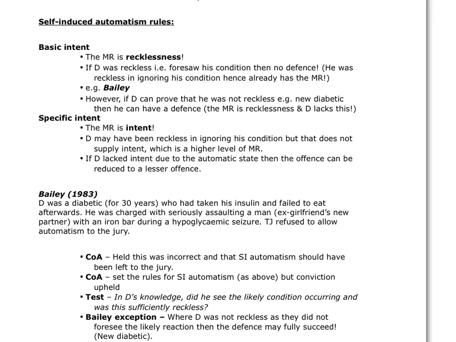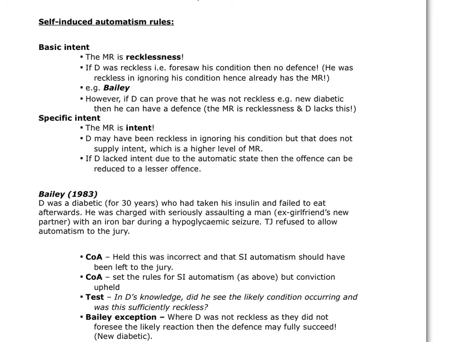That's the only exception that can apply, and it never has applied. So really, in short, SIA, basic intent, will fail unless D was not reckless. For specific intent crime, the rules are exactly the same as Majewski.